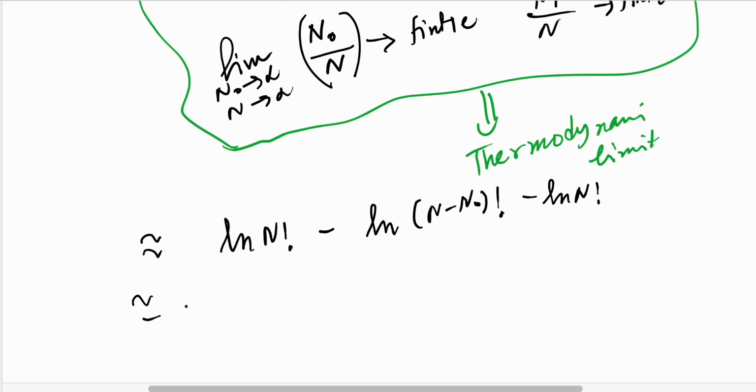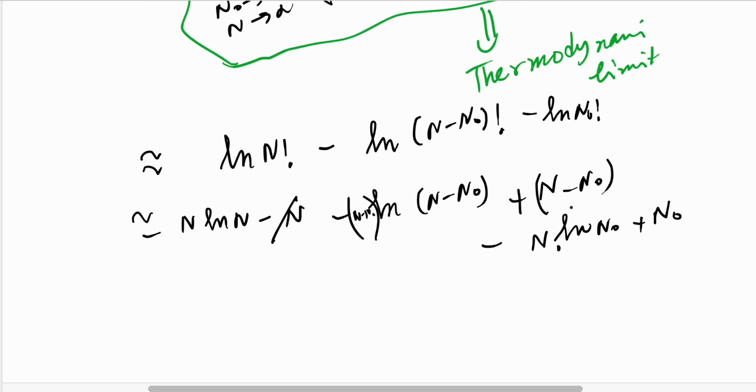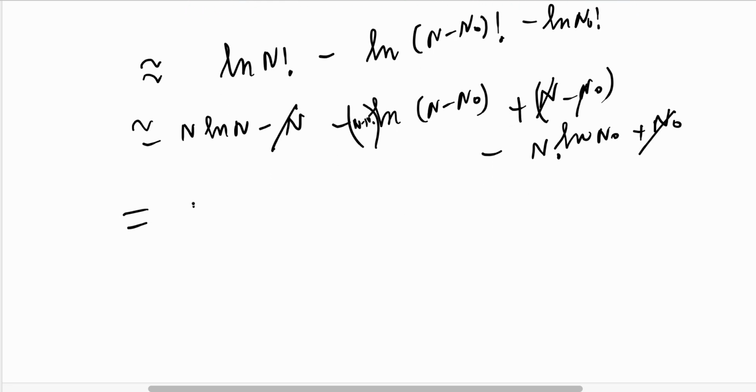So this will be nothing but n ln n minus n, minus (n minus n0) ln (n minus n0) plus (n minus n0), minus n0 ln n0 plus n0. Now you can see that the minus n and the plus n will cancel out, and the other terms cancel too. What we are left with is n ln n.